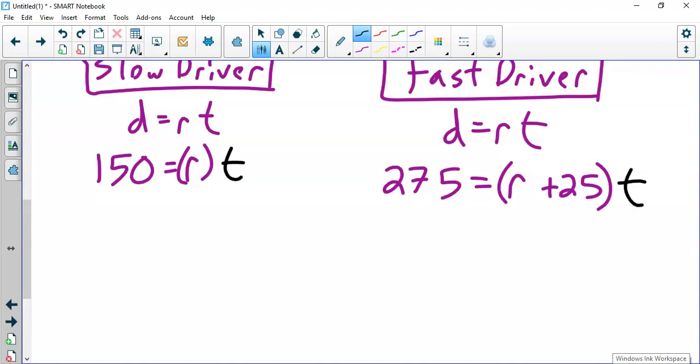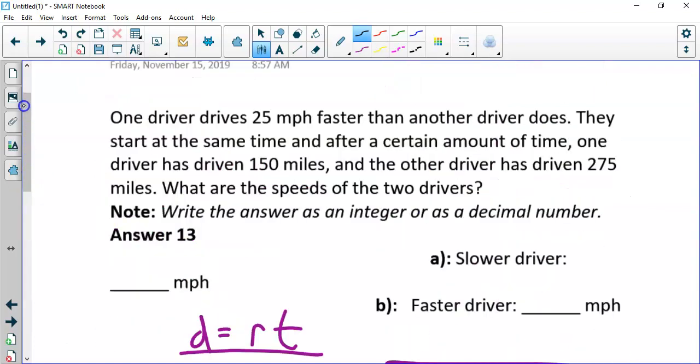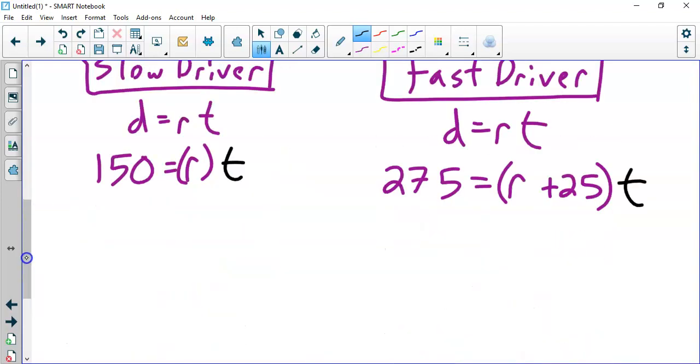They started at the same time, and then after a certain amount of time, they stopped at their mileage. Okay? So the one thing that is the same between these two is time. Notice I put that in a different color because that's important. If their times are the same, then that means we can set them equal to each other if we knew the equation for time, right?